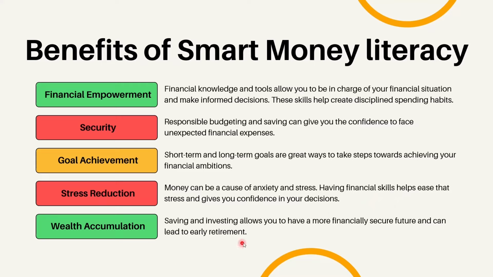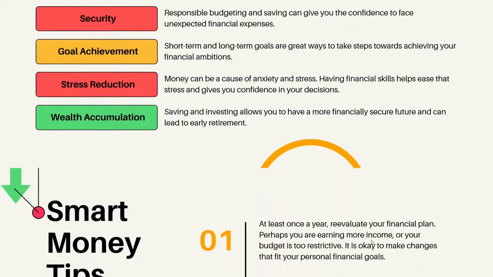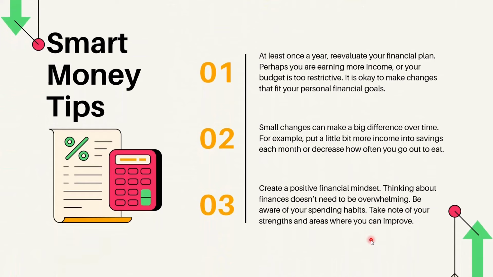Wealth accumulation: saving and investing allow you to have a more financially secure future. Loans can lead to early retirement, and you can get early retirement with the help of wealth management. So I hope these tips and tricks will help you understand smart money tips.